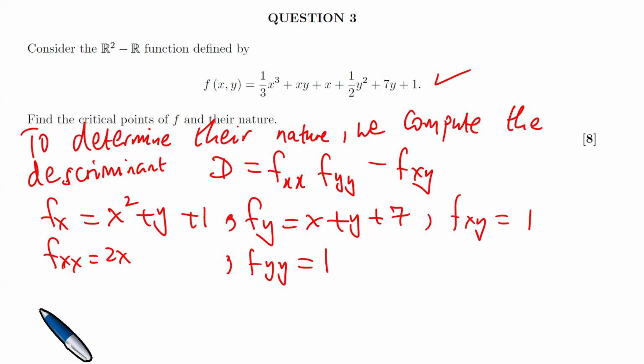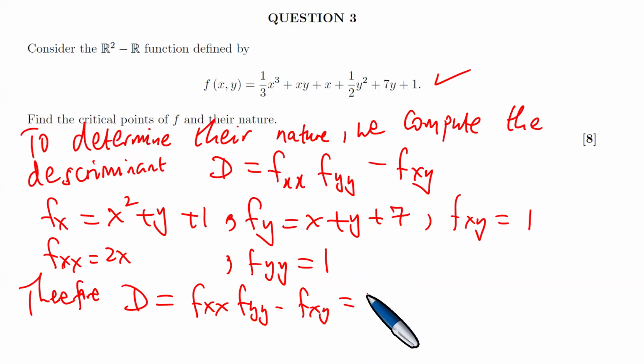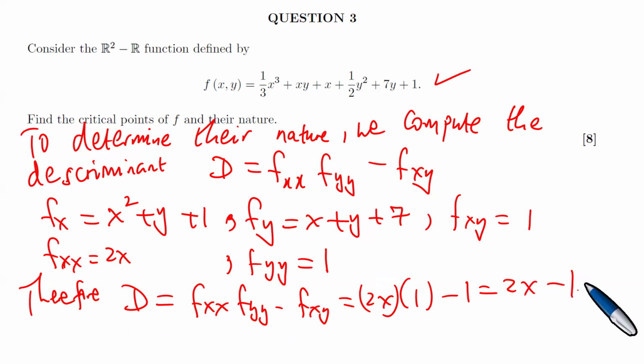Therefore, the D, which we've already said is fxx times fyy minus fxy squared. And fxx is 2x. Fyy is 1. Fxy is 1, which is 2x minus 1.